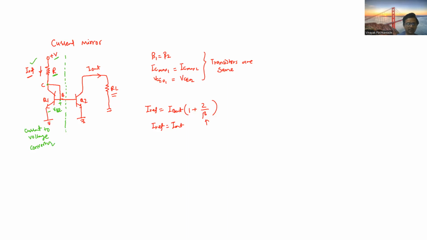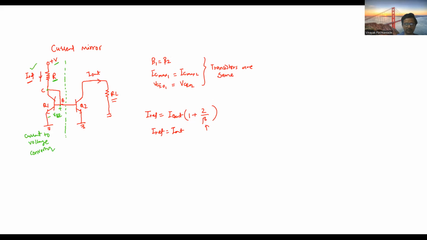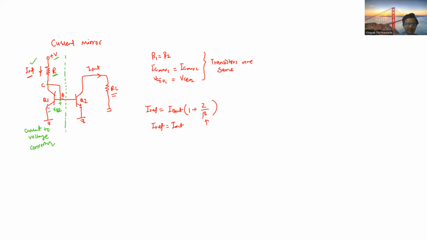So with that arrangement, I am essentially producing the voltage at this node, which is VCE, right? Because the voltage at the base and the voltage at the collector are the same with respect to the emitter, which is grounded.